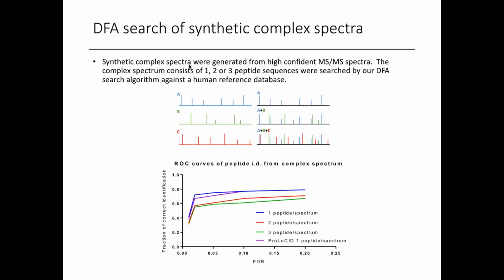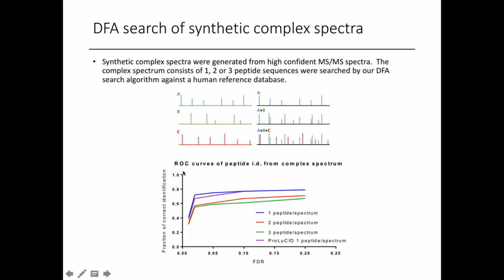And then we try these algorithms to see how they perform versus the traditional database search engine. And this DFA search can do a very good job deconvoluting this complex mixture of spectra.